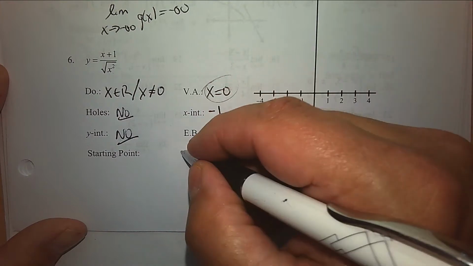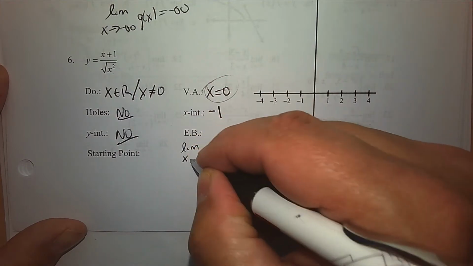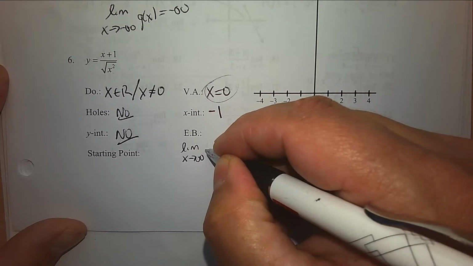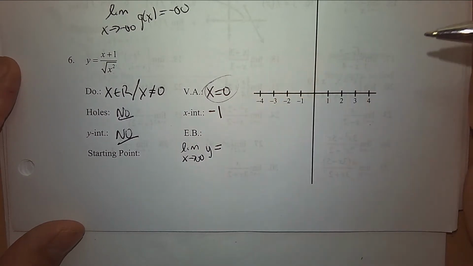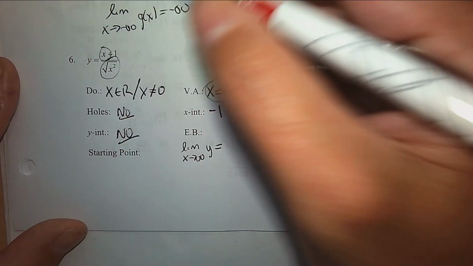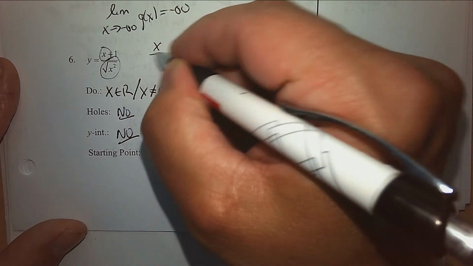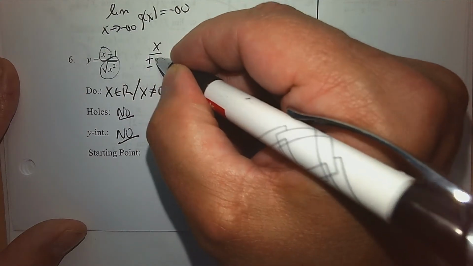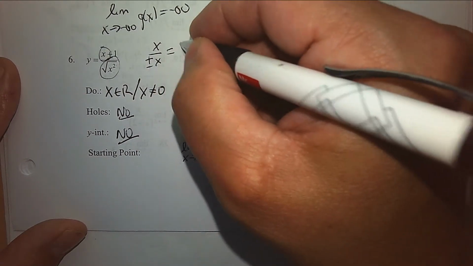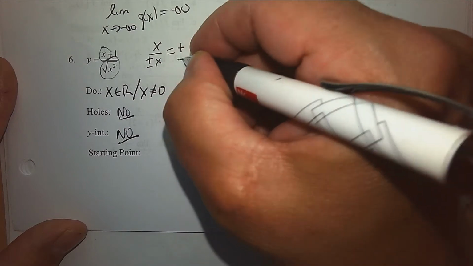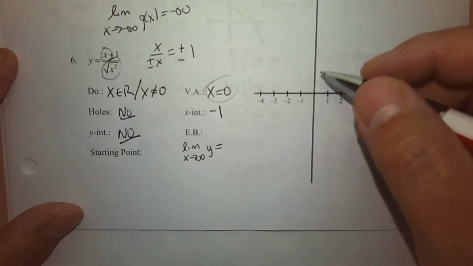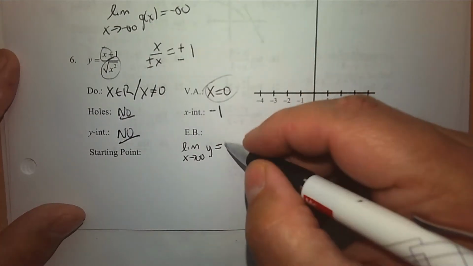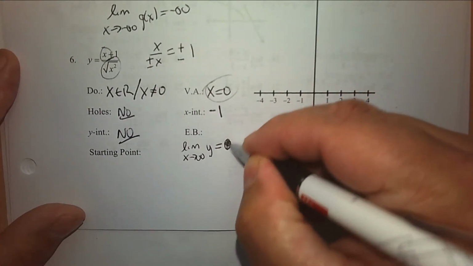Where does the right end behavior go to? So this is an example where the power term is x over positive or negative x, meaning that there are two end behaviors. One is positive 1 and one is negative 1. So as you go to the right, does it get positive or negative? Positive. So that's positive 1.